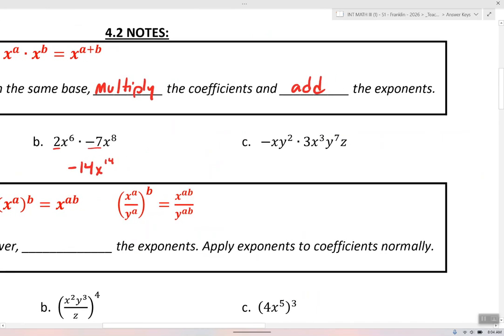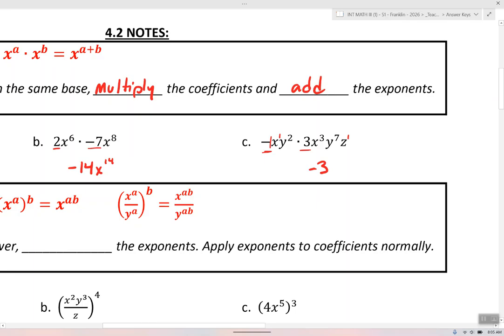For example C, we have negative xy squared times 3x cubed y to the 7th z. Remember, any power with no exponent has an exponent of 1, and this negative sign you can think of as a negative 1, which will then multiply by the 3 to get negative 3.